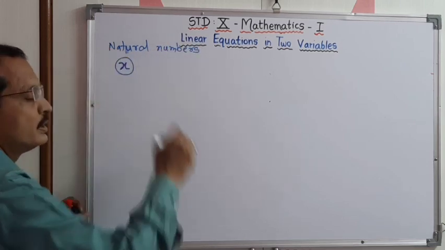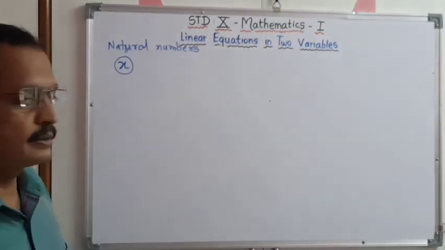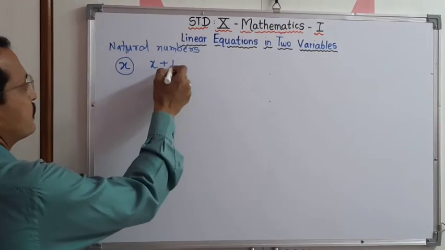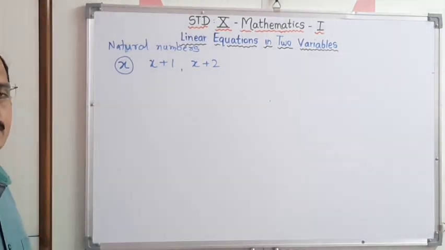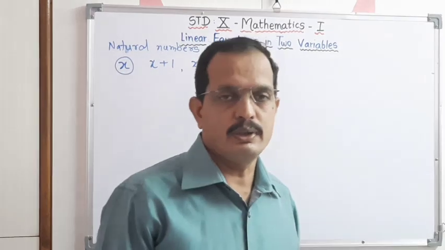Suppose the first natural number we assume as x. Then the next number is x plus 1. Then it is x plus 2. Like this, because the difference between two consecutive natural numbers is 1.